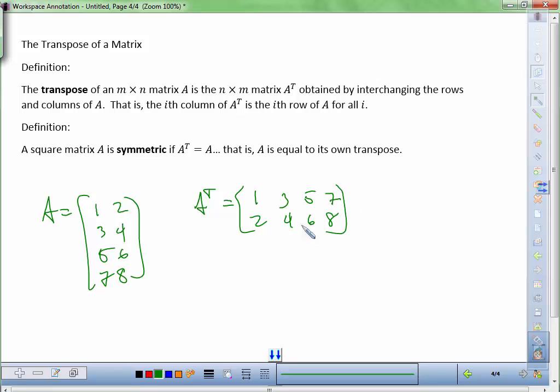So that's basically what the transpose is. And if you mess around with Excel, Excel has a transpose paste option too. If you copy a matrix and you want a transpose of that, you can just paste it as a transpose. In MATLAB, the transpose command is a prime.